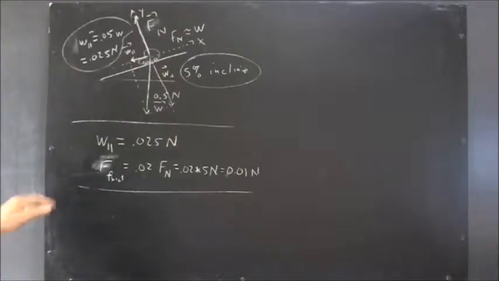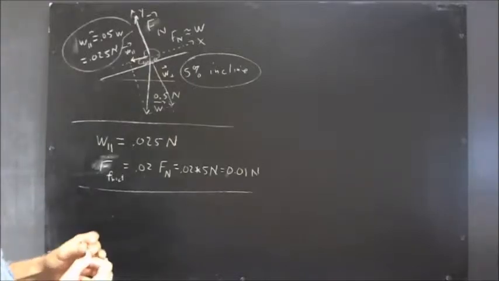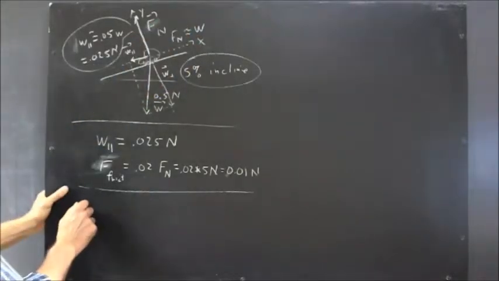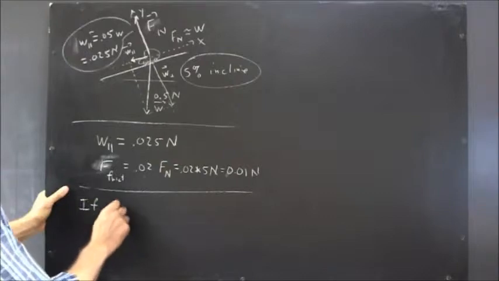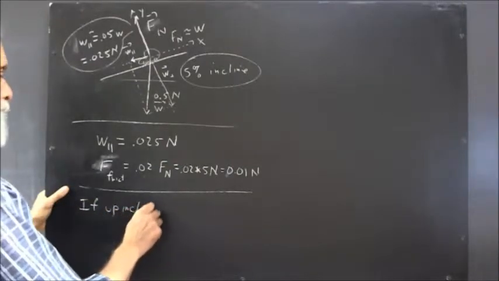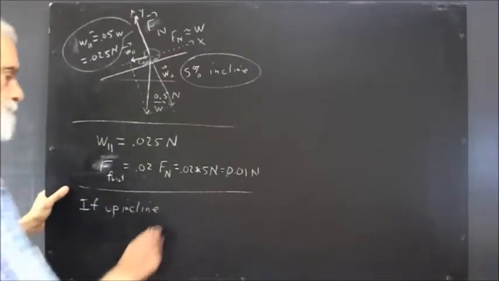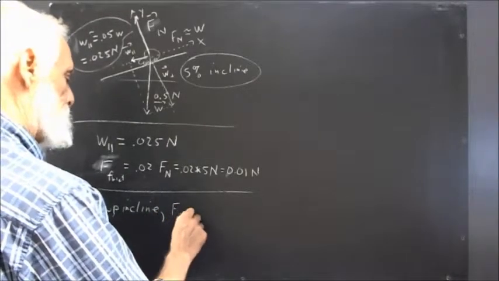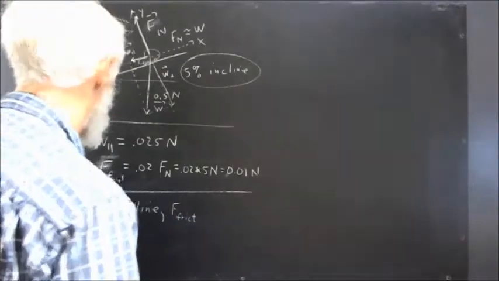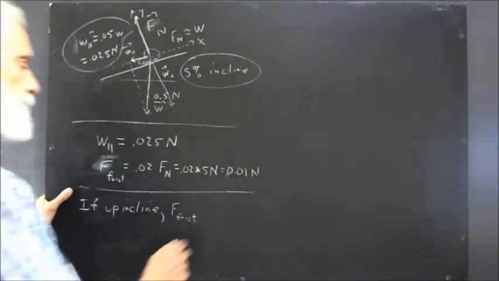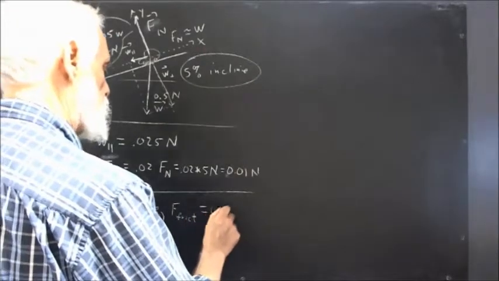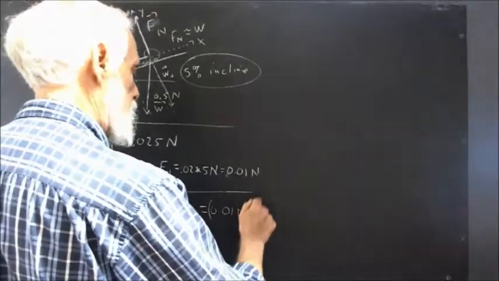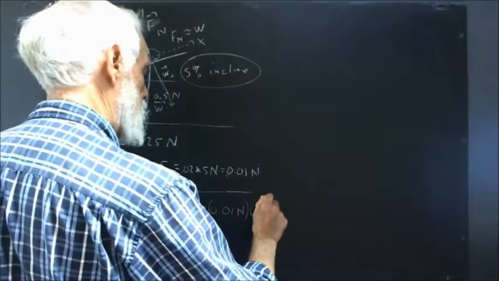And now we want to consider what happens if the cart is moving up the incline, and if it's moving down the incline. So if up, the force of friction equals 0.01 newtons times the negative of the I vector.